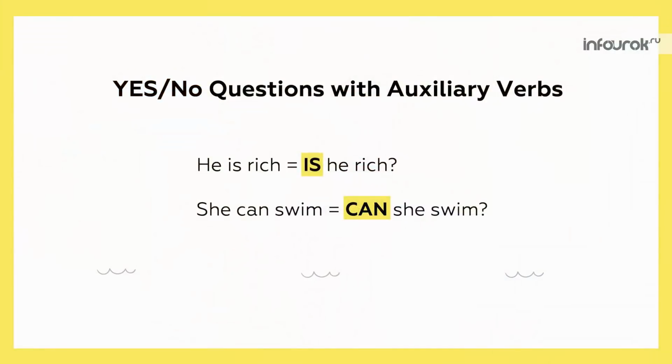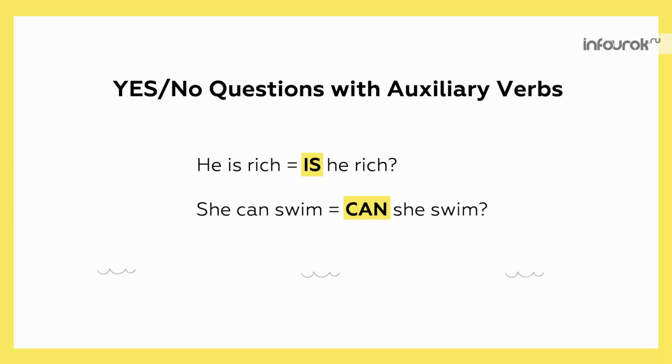Now, let's have a look at some examples. First of all, let's have a look at yes-no questions with auxiliary verbs. For example, we have the sentence, he is rich. We take the auxiliary is, we move it in front of the subject he, and it gives us is he rich? Very simple.